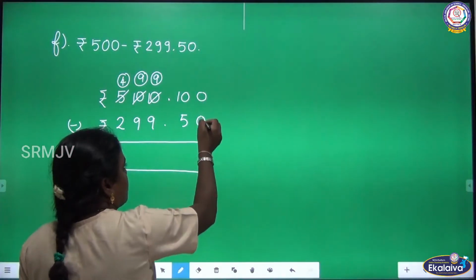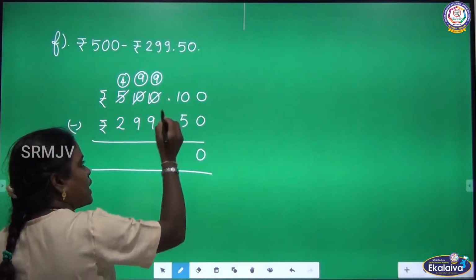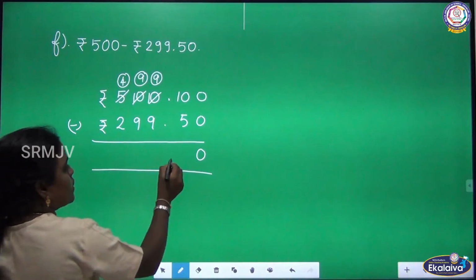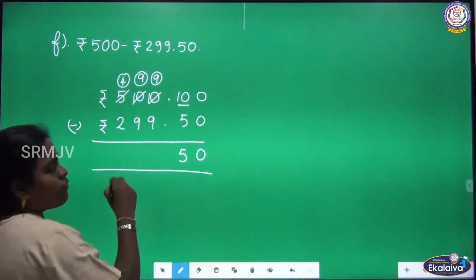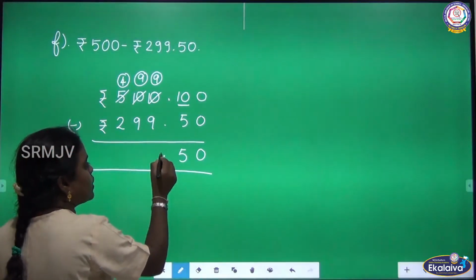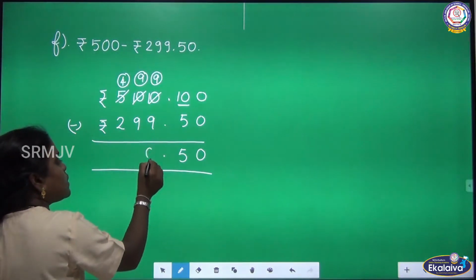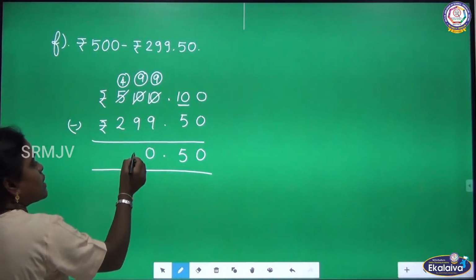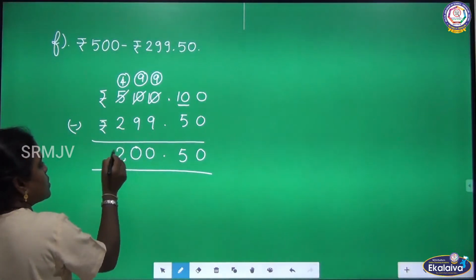Now let us subtract. 0 minus 0, 0. 10 minus 5, it is 5. So here we had only 0, after borrowing it becomes 10. So 10 minus 5, it is 5. 9 minus 9, 0, again 9 minus 9, 0, 4 minus 2, it is 2.